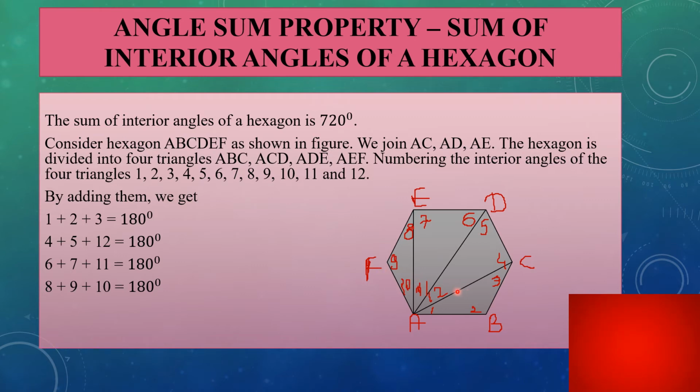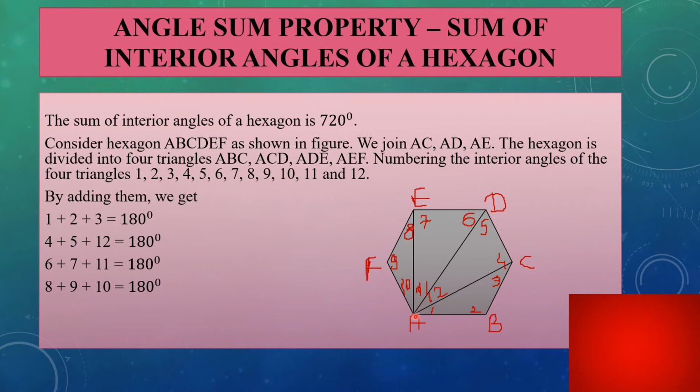Now, in each triangle, by adding the angles, we get angle 1 plus angle 2 plus angle 3 is equal to 180 degrees. It is the sum of all the angles in triangle ABC.